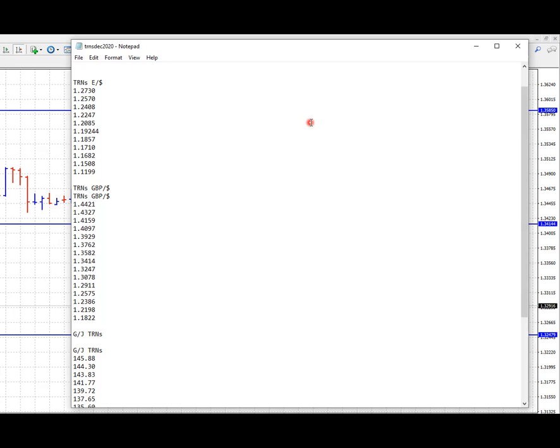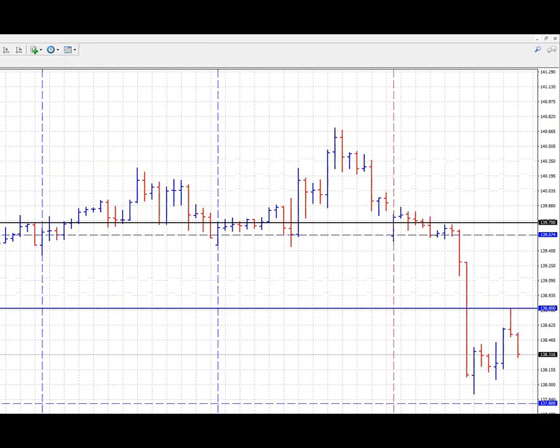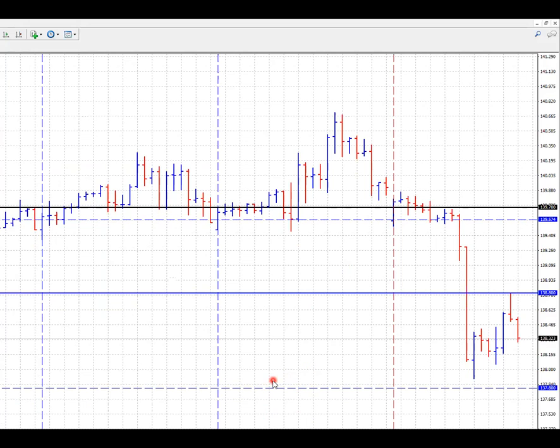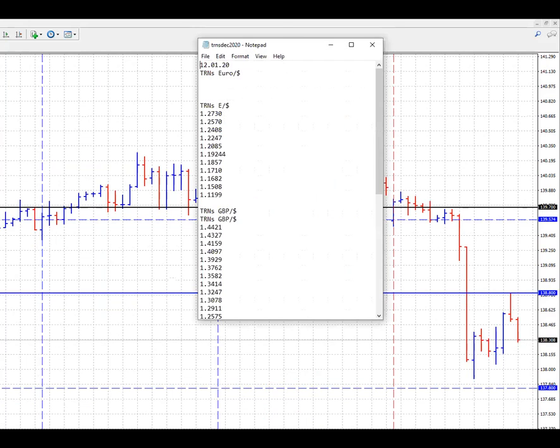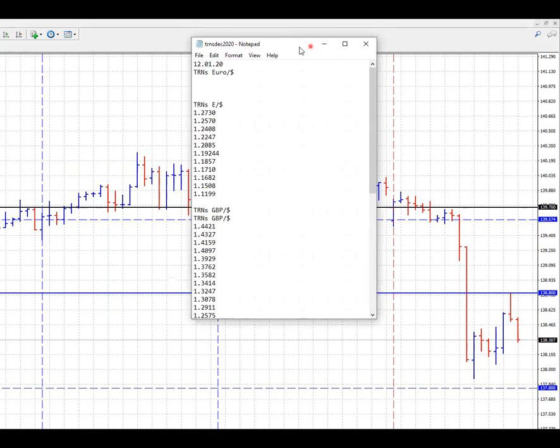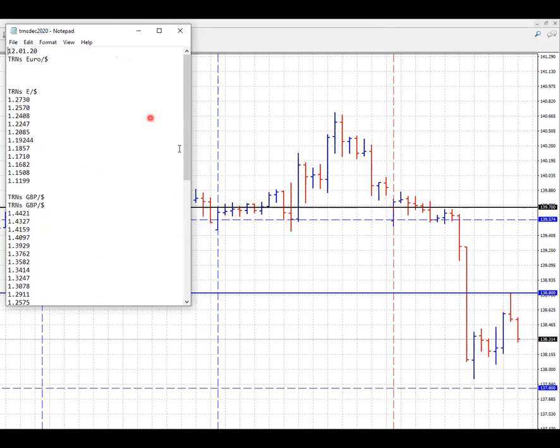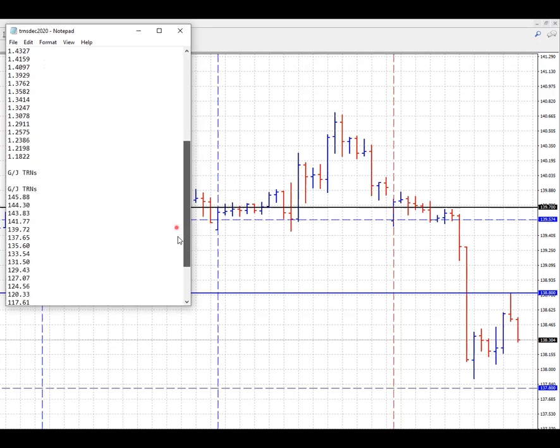Let me move to that chart. Let me widen this out for you guys. Trend reactionary numbers here. I'm going to take these and put them over here, and let's see if I can get them all showing. Then I'll pull up the euro yen in a second. Here's a euro yen.